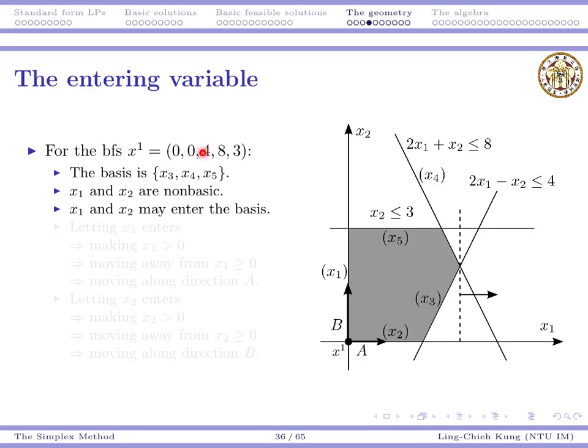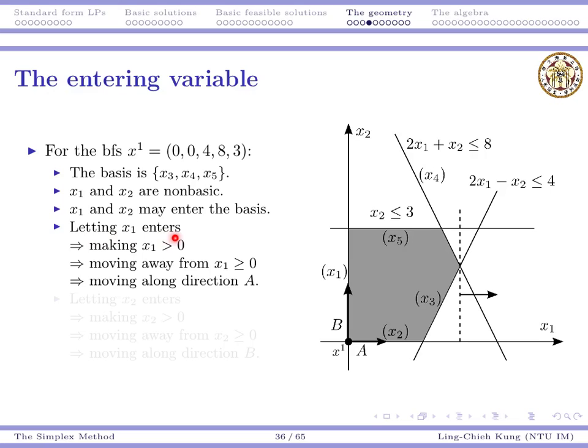So now I know x1 and x2 are the candidates for entering the basis. I want to find one variable to enter and one variable to leave. x1 and x2, one of them may enter. Suppose I let x1 enter, then x1 is going to increase from 0, right? So originally this point x1 is attached to these 2 non-negativity constraints, right? In particular, this one is saying that your x1 must be non-negative.